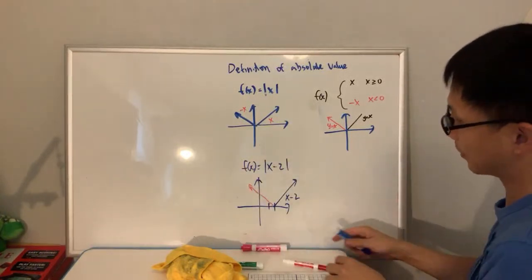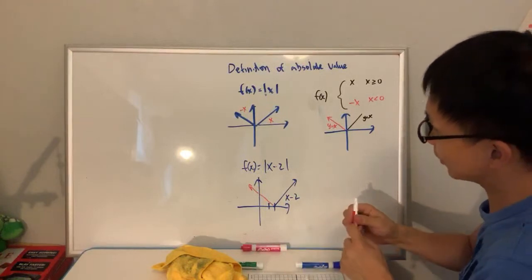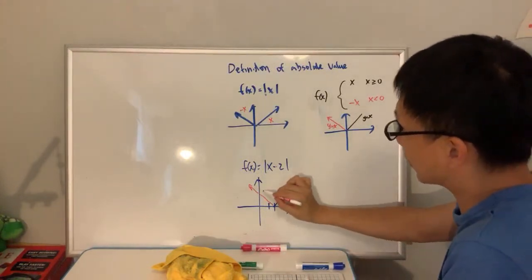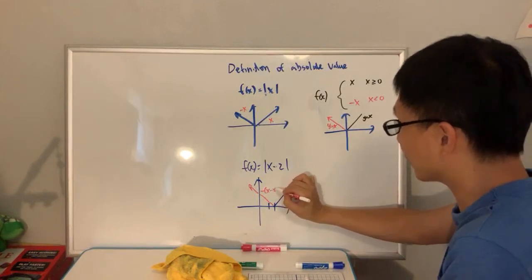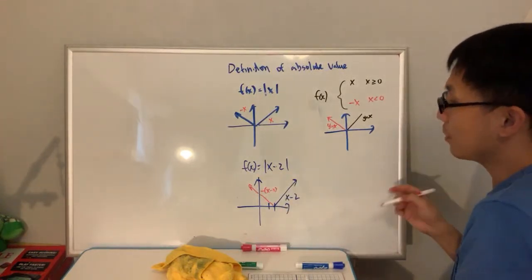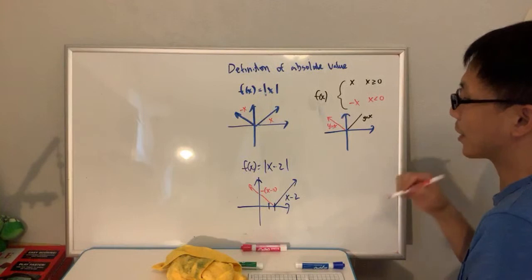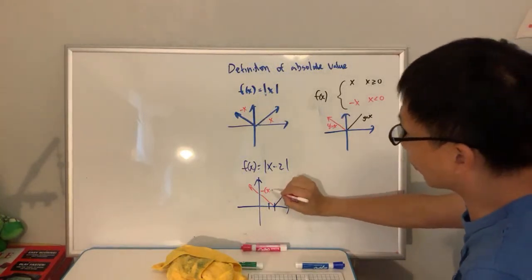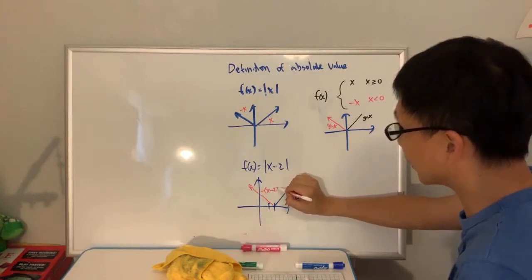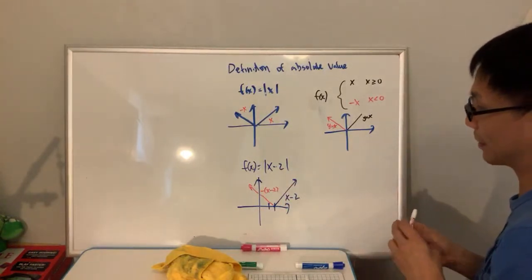On this side, however, you have to be careful. The easiest way is to put a negative sign in front of the parenthesis of x minus 2. You can say negative x plus 2, or negative parenthesis x minus 2. I think this is a much easier way to describe it, and that's how I would do it in my tests.